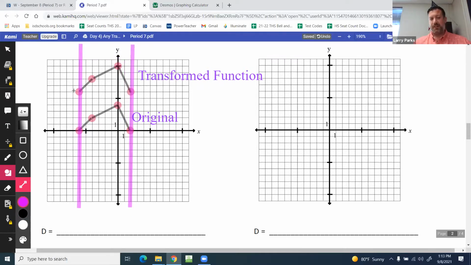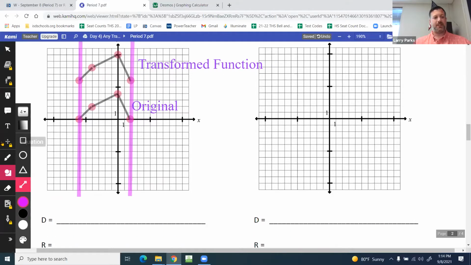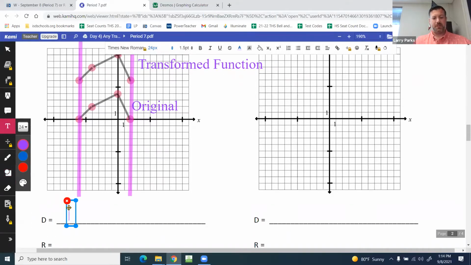So left or right, I would say domain is 1, 2, 3, 4, 5, 6. And again, I'm ignoring this part. I'm only looking at the transform function. They want the domain of the transform function. So I think I counted 6, -6 to 2. So that is the domain, -6 to 2. And it includes those 2 points.